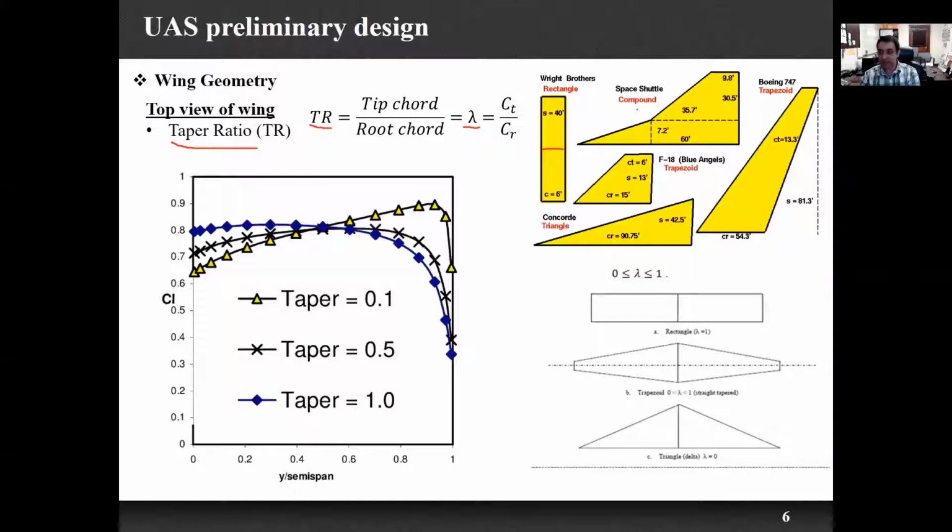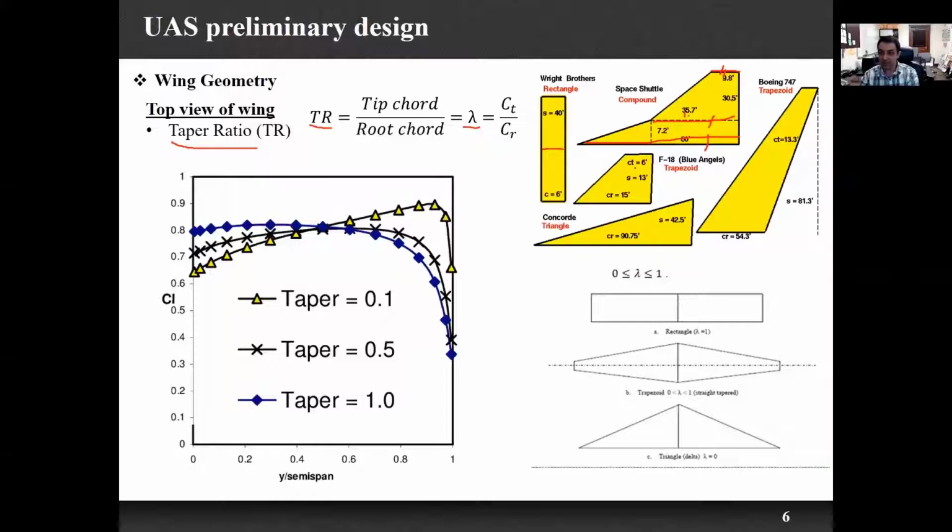This shows a space shuttle compound wing. We'll see that the taper ratio is this length divided by this length, and it is a composite of two parts actually. We have a lambda 1 for this part divided by this, and we have lambda 2 for this part divided by this.